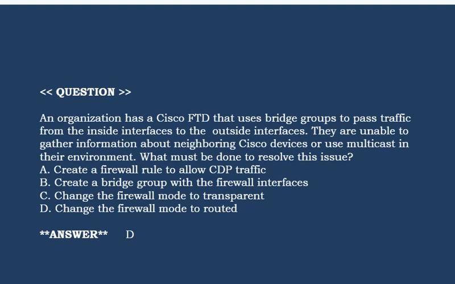Option A. Create a firewall rule to allow CDP traffic. Option B. Create a bridge group with the firewall interfaces. Option C. Change the firewall mode to transparent. Option D. Change the firewall mode to routed. Correct answer is option D.